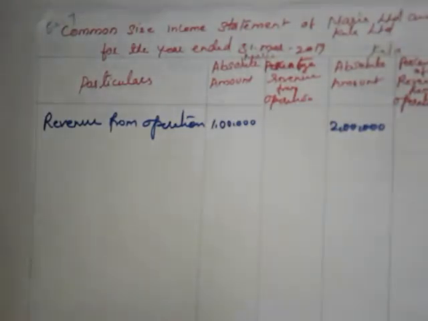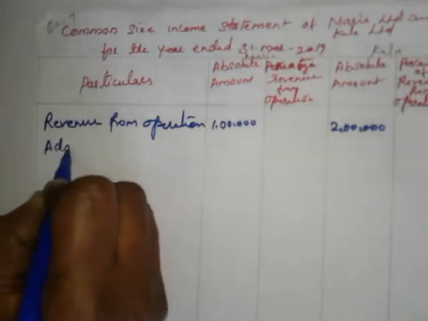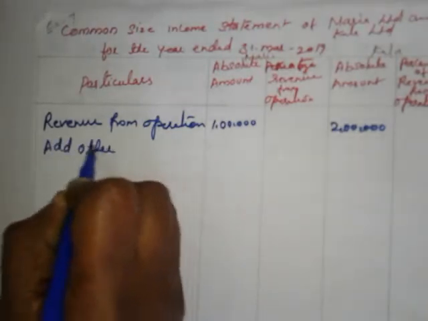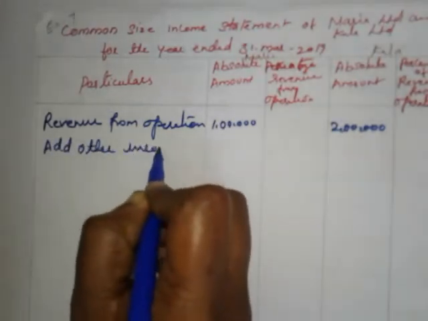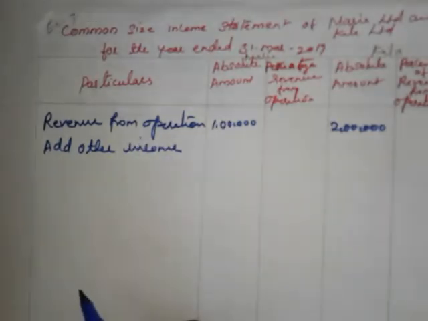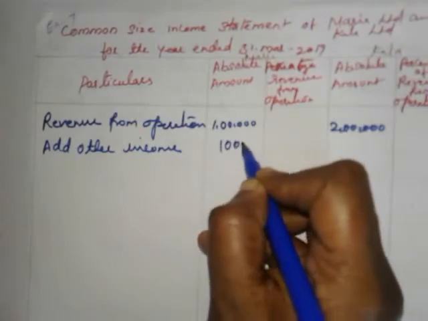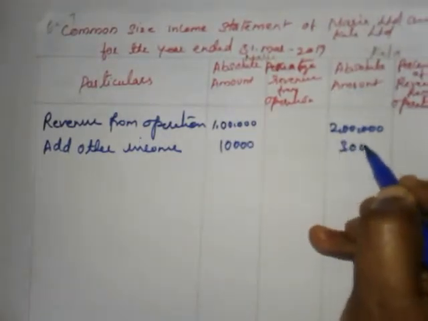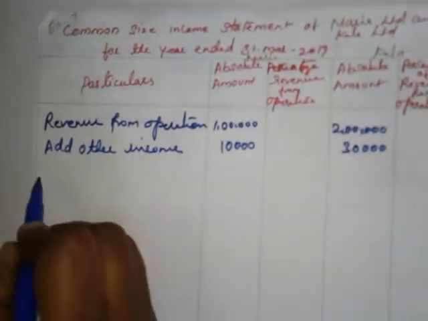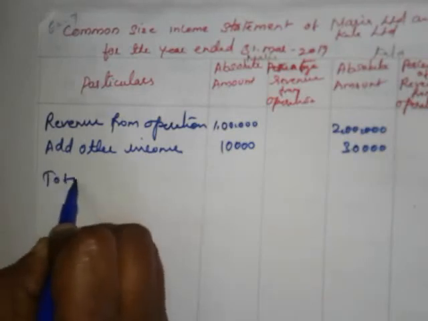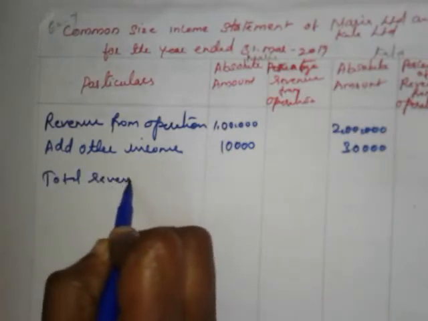Next, we have to add other income. The other income is 10,000 and 30,000. Then this is known as total revenue.